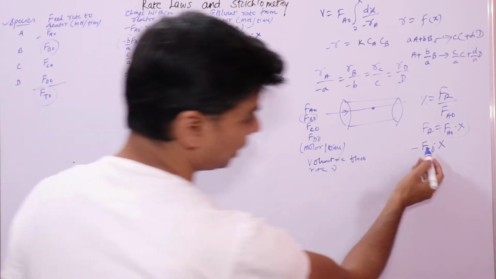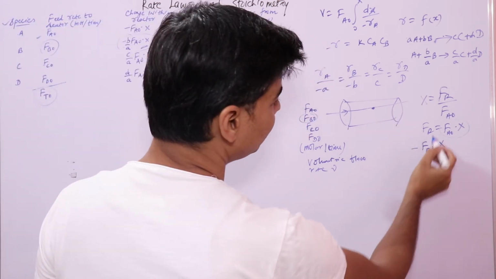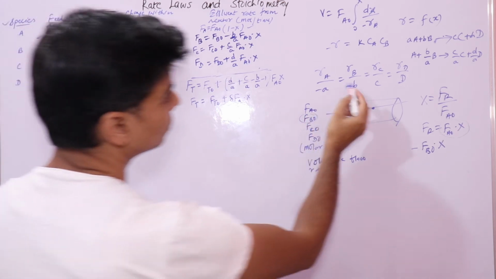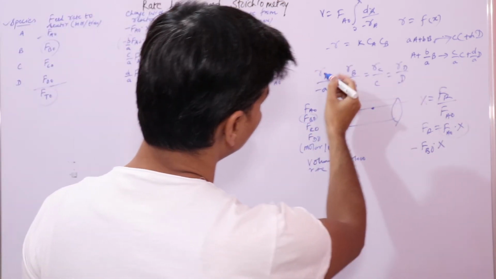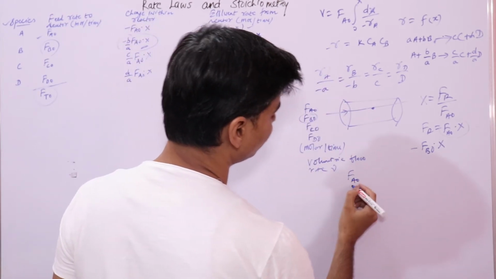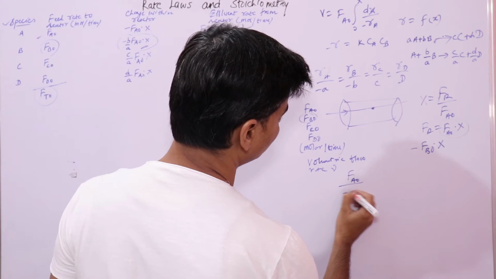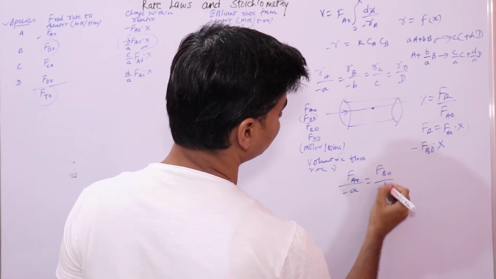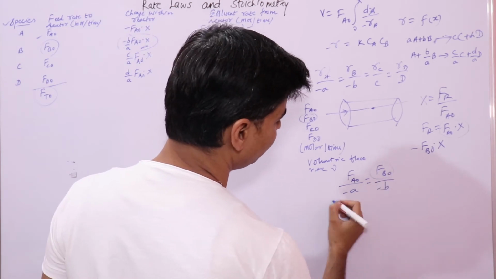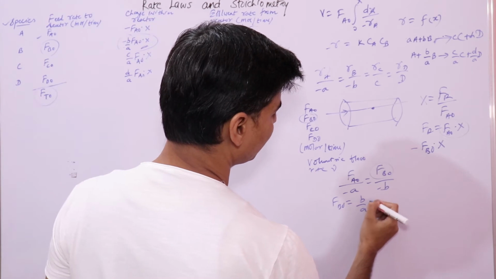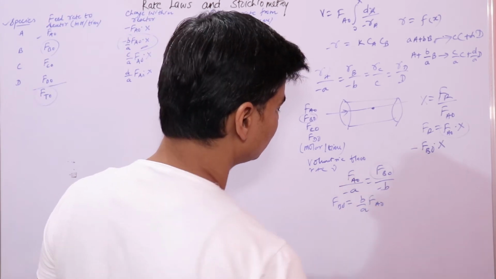Now we will define this in terms of A, in terms of Fa0, using this equation. So we will replace Ra with Fa0, which is your flow rate. Minus A equals Fb0 upon minus B, so Fb0 is B upon A times Fa0.